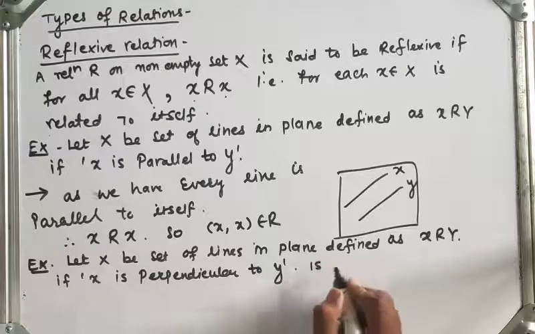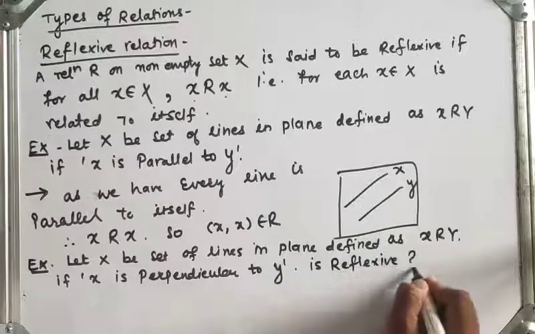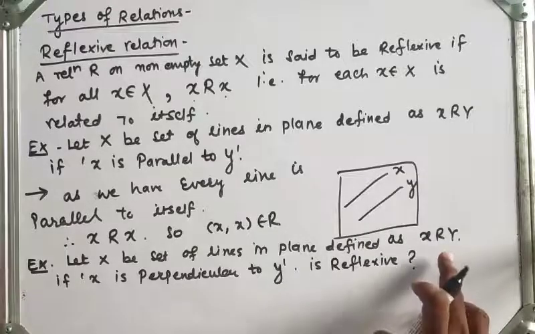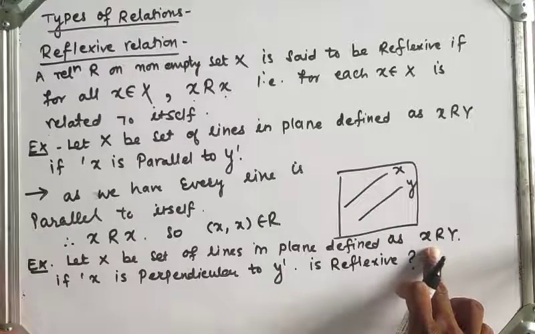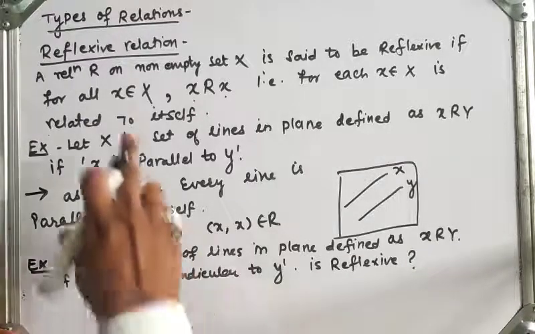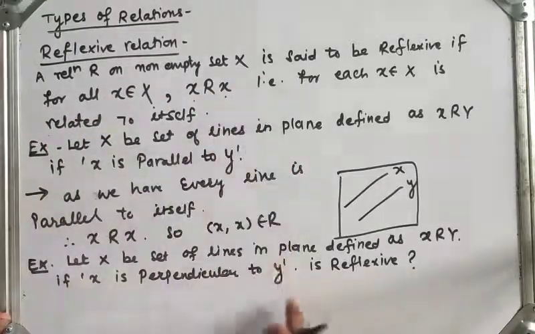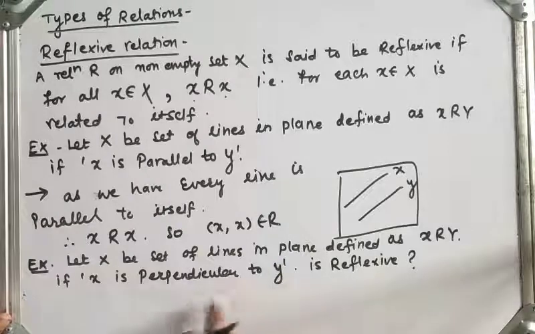Is it reflexive? We have to check. The given relation is x related to y, that x is perpendicular to y, but in a reflexive relation we have only one line. So we have one line which is not perpendicular to itself, so this relation is not reflexive.